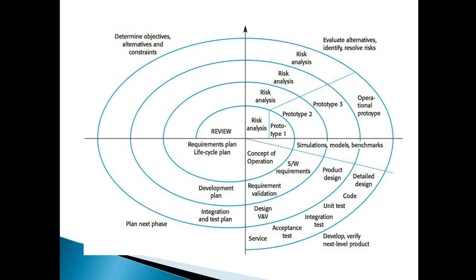At the end of every phase, the risk analysis is there. The first phase is the requirements plan, the second phase is the development plan, next is the test plan, and in every phase risk analysis is there, right?